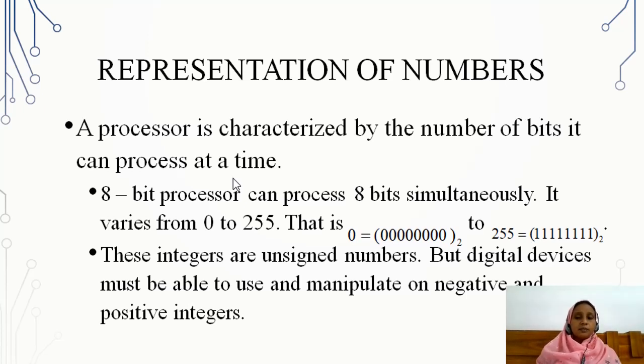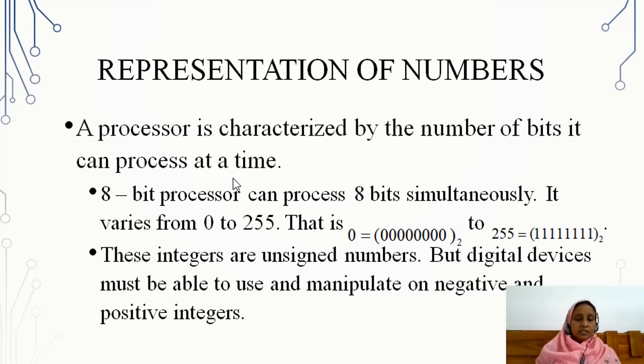In this case, how many numbers can we represent using these 8 bits? As all of you know, we learned that if there are n bits, 2 raised to n minus 1 numbers can be represented. So 2 raised to 8 minus 1, that means 255.